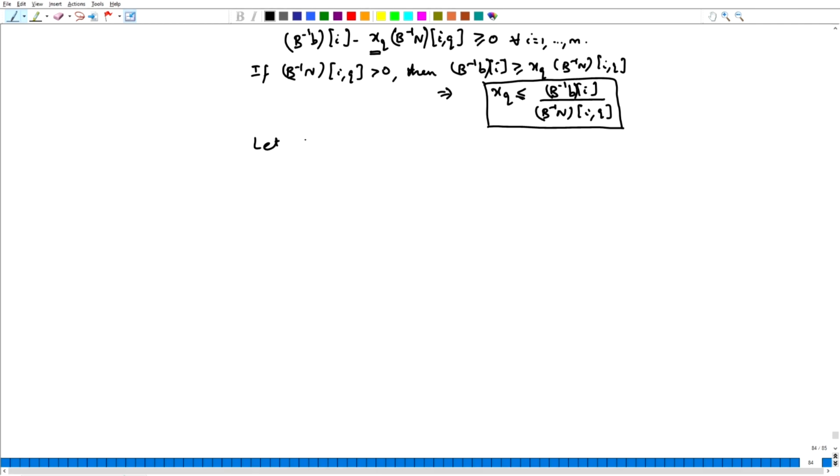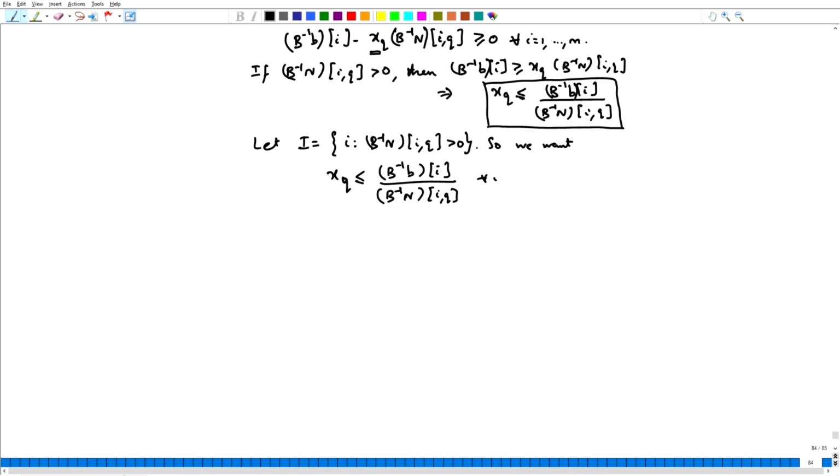So, I define the index set I, which is the set of i such that B inverse N of (i, q) is greater than 0. For all those i, we want x_q less than or equal to B inverse b of i by B inverse N of (i, q) for all i in capital I. For the others I do not care.